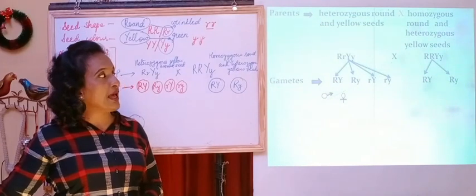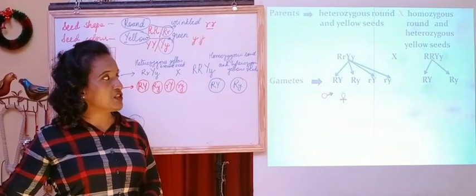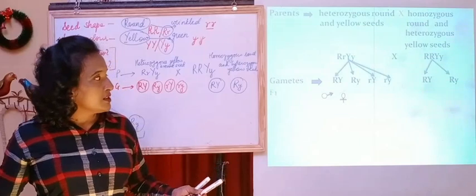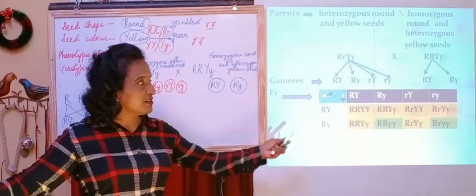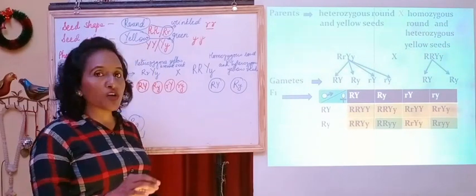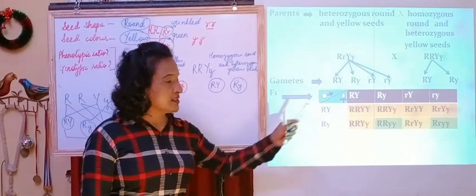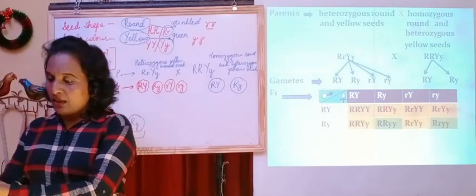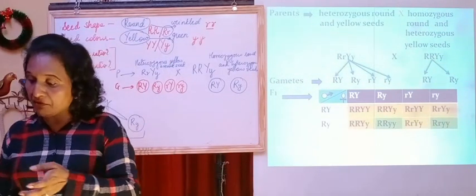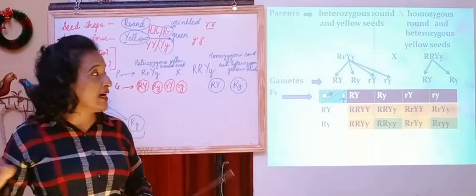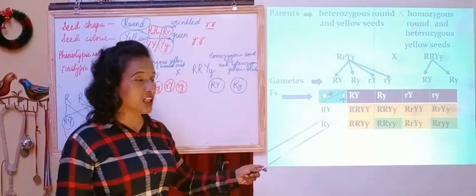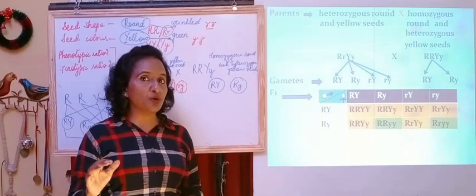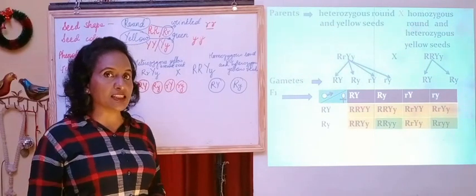So here are the parents and the gametes that are mentioned, right? So in the F1 generation, we would get the possible genotypes like this. Now we have to find out the phenotypic and genotypic ratio. Phenotypes, we know, are the observable characteristics.